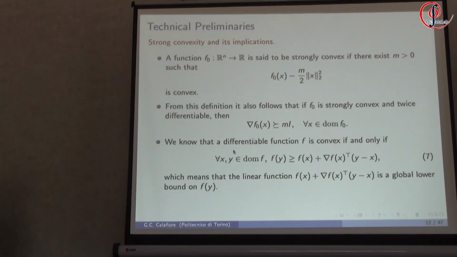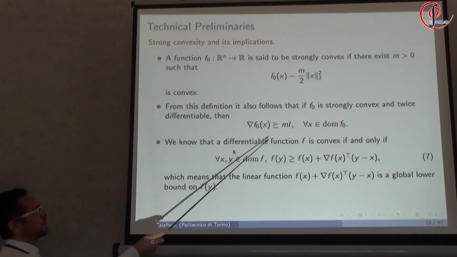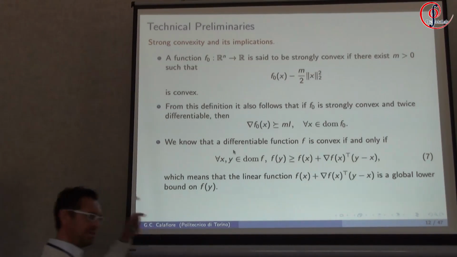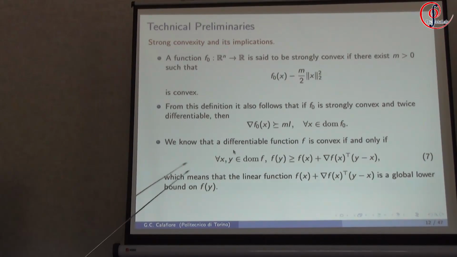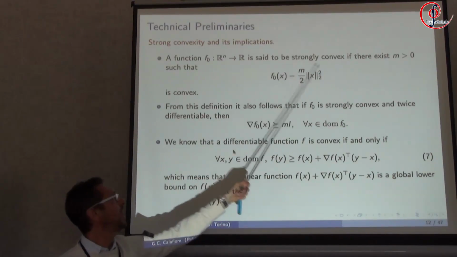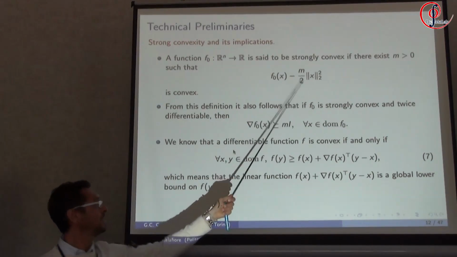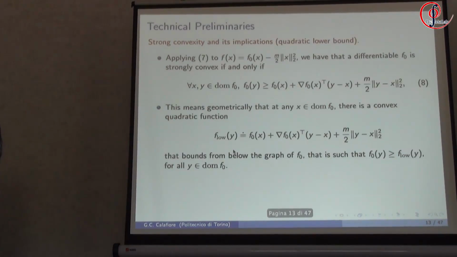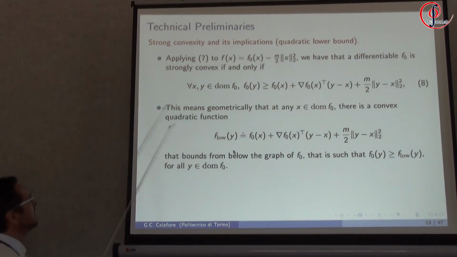But therefore, since for a differentiable function convexity is equivalent to this famous first inequality that we stated in the first slide, if we apply this inequality to the function f0 minus m half norm of x squared, then we obtain something interesting.